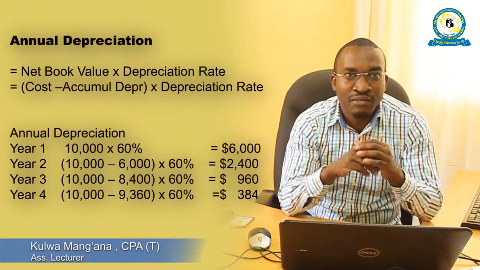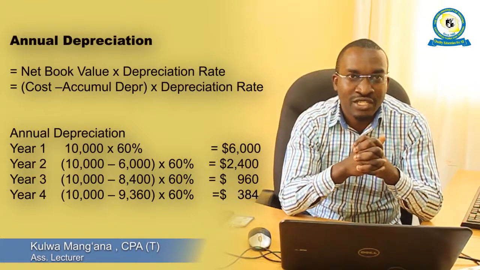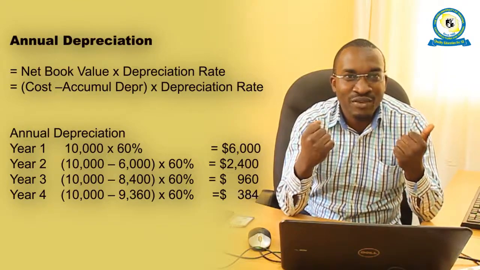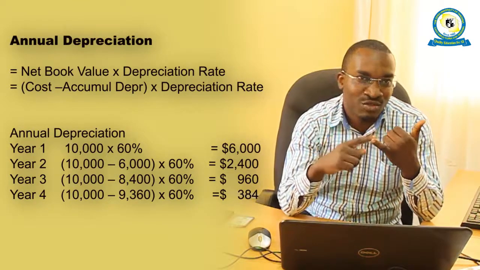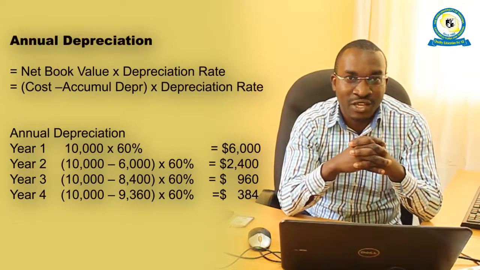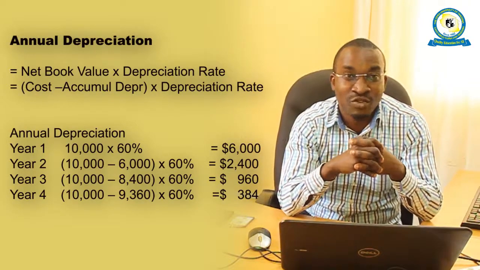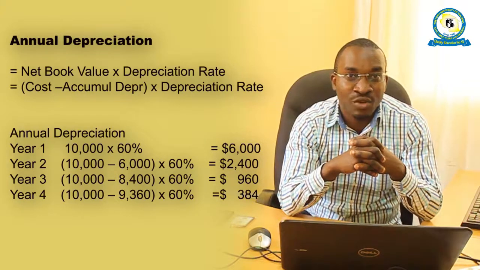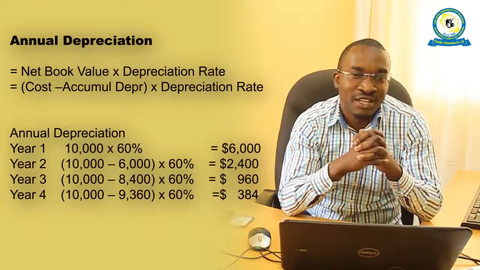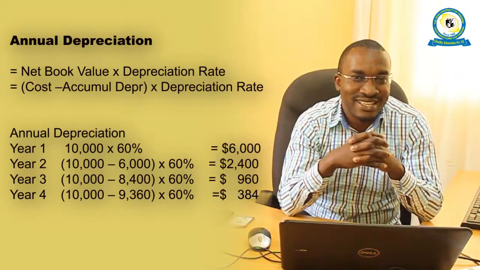Now remember the formula. When you want to find the annual depreciation charge, it is the net book value times the depreciation rate. Now our net book value is going to be found by taking the cost of an asset minus the accumulated depreciation. Here, that accumulated depreciation is 6,000. If you go to the third year, you're going to do the same thing. You take the cost of that asset minus the accumulated depreciation. Now the cost is 10,000.